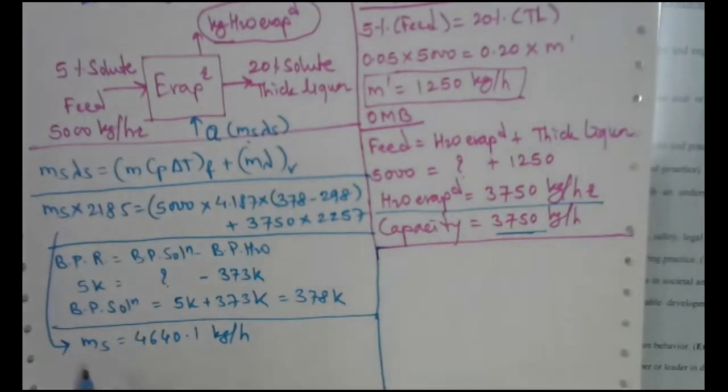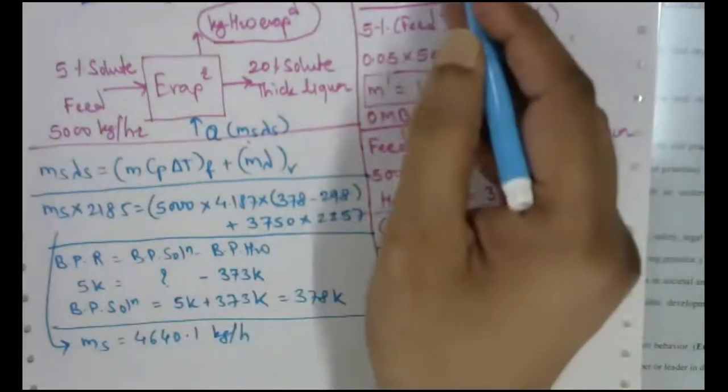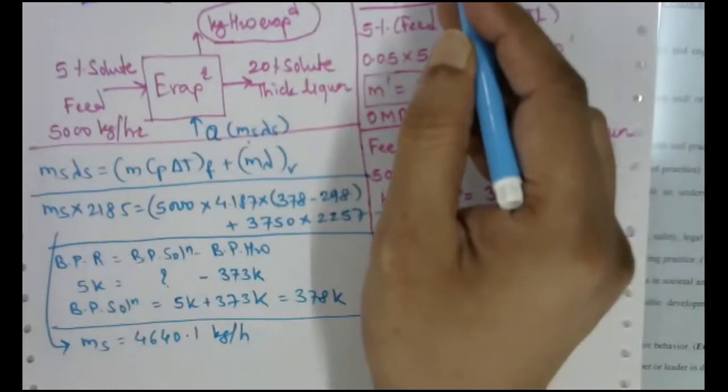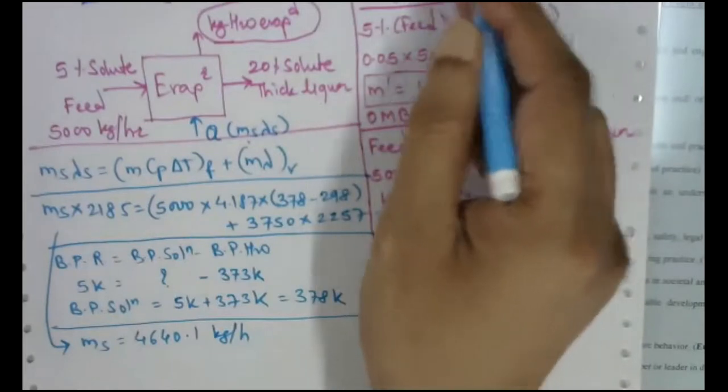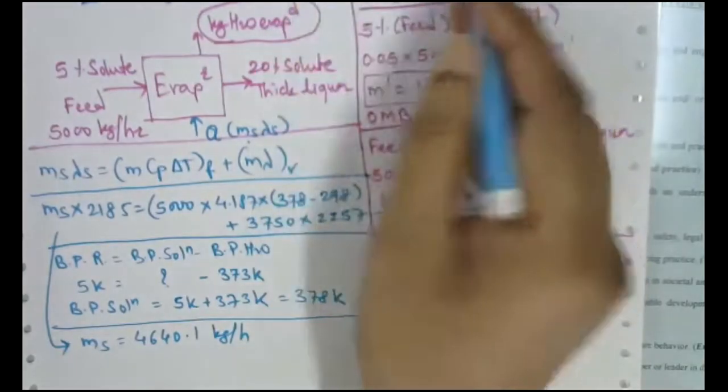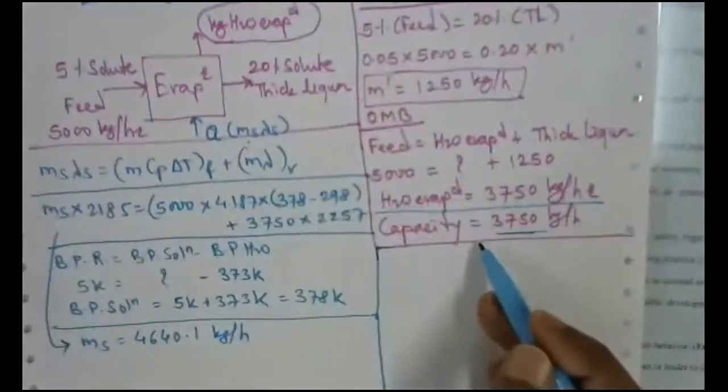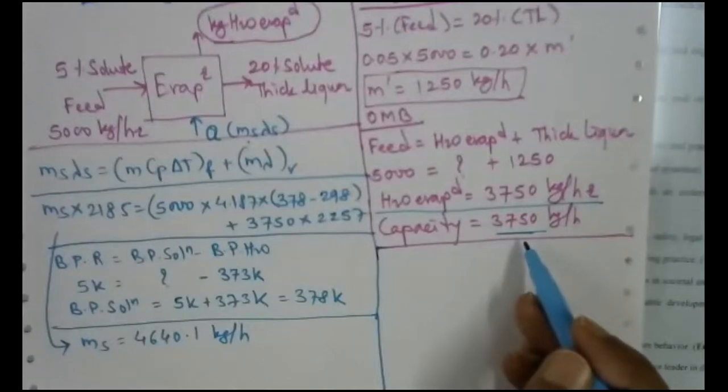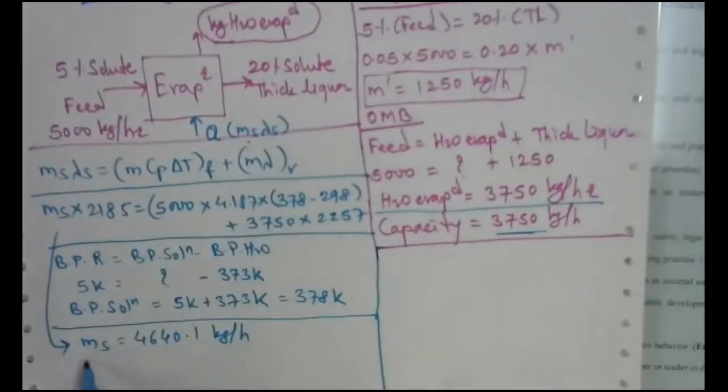Now we know the mass flow rate of the steam. In the economy definition, we require the kg of water and kg of steam per hour, both flow rates. We have calculated the kg per hour of water, and now we have calculated the mass flow rate of steam.